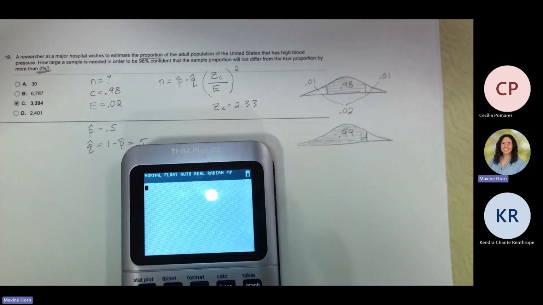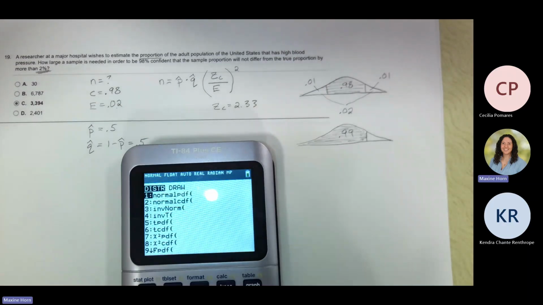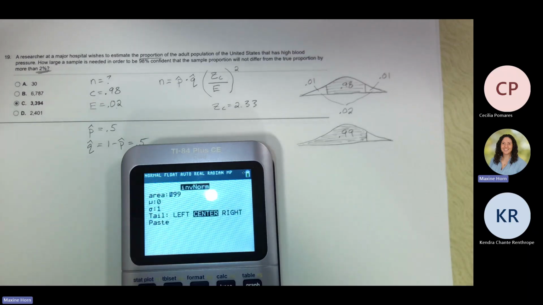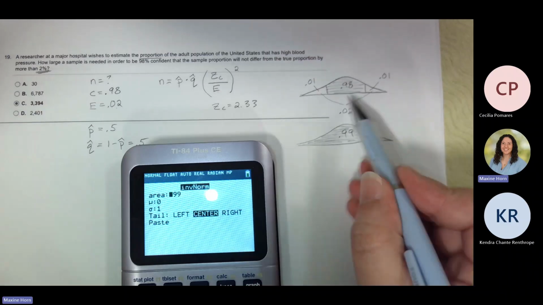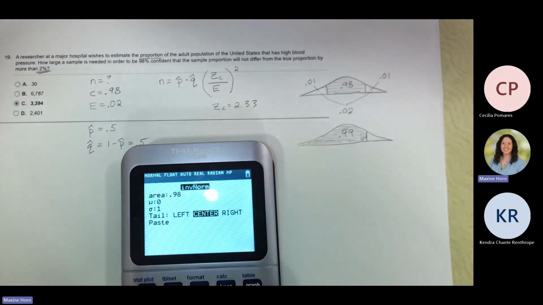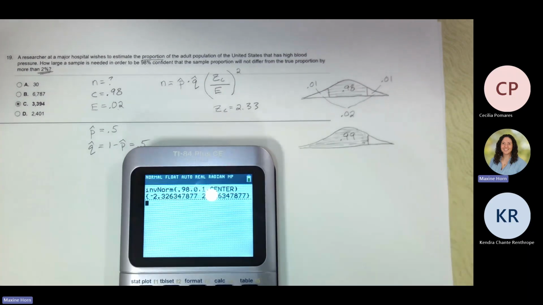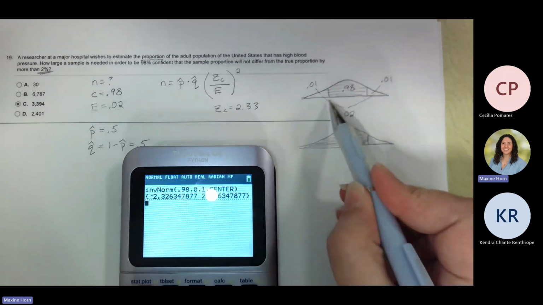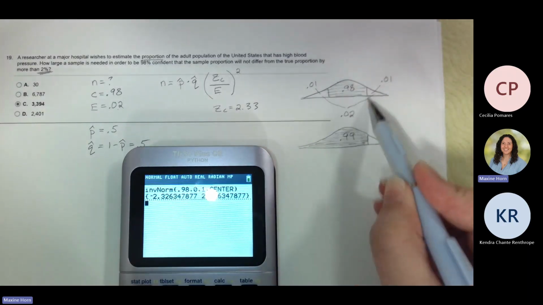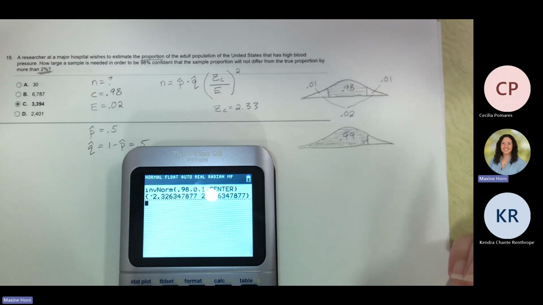Okay, so we go second vars, we go to inverse norm, and if we want to do the area in the center, this is 0.98. So 0.98 in the center is going to give us 2.33 if we go to 2 decimal places, because remember it's giving you the negative z-score over here and the positive z-score over here.